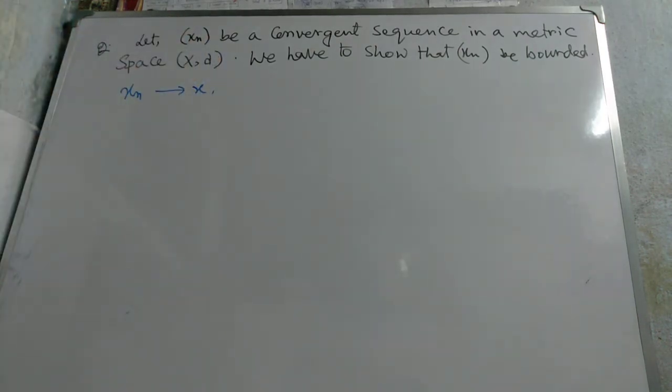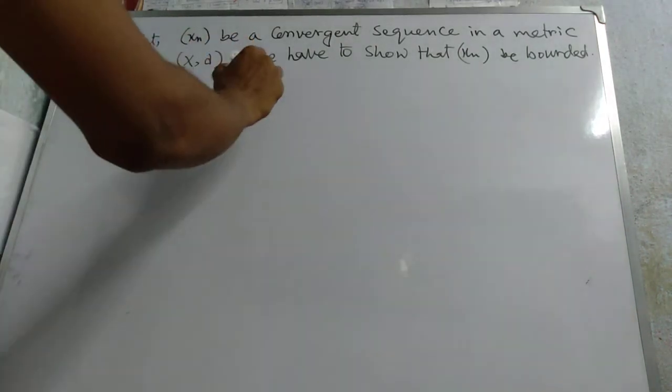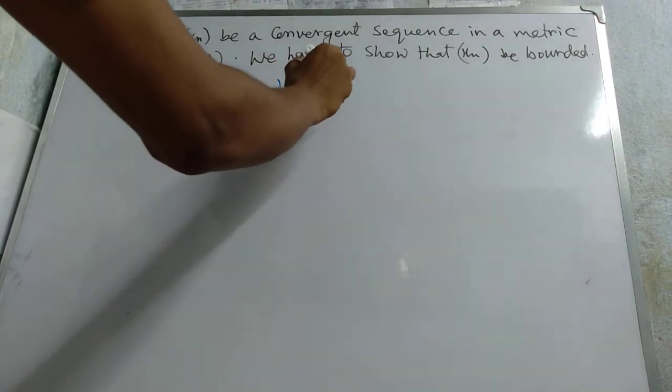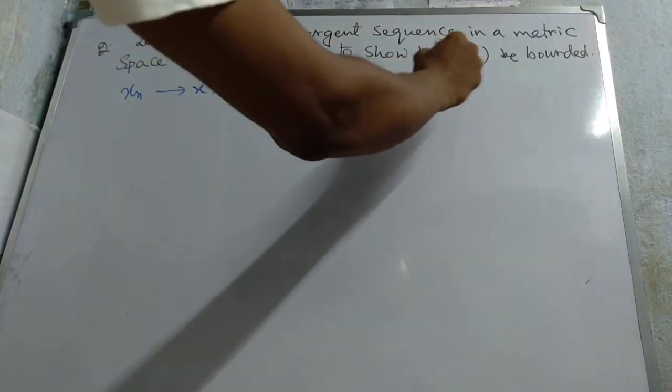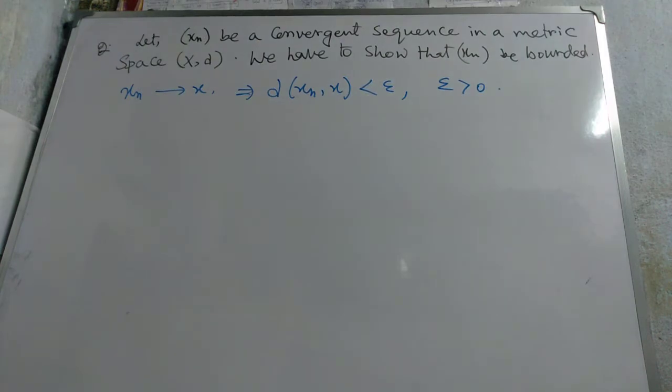x_n converges to x implies that d(x_n, x) is less than epsilon for epsilon greater than 0.